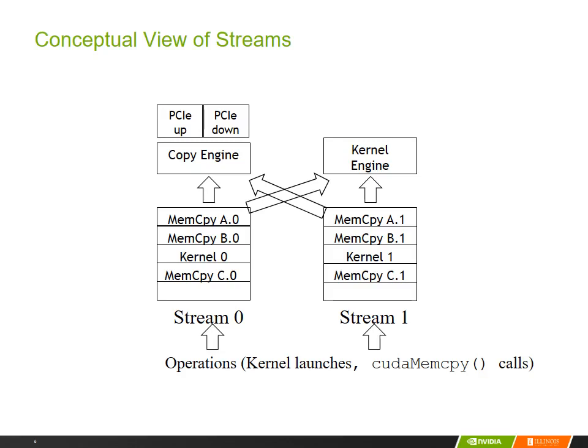So in this case, for example, memcpy A0 is a copy from CPU to GPU, so that will be executed by the PCIe down DMA. So here we show these memcpys and so on, and these commands will eventually reach the top of the queue, and they will be executed by either the copy engine or the kernel engine.